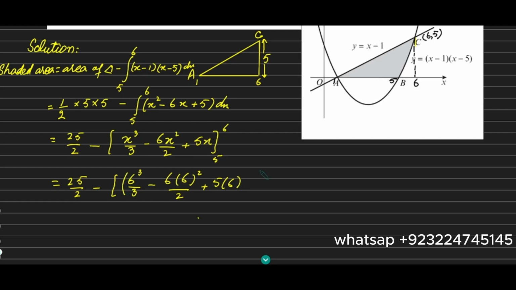We have applied the upper limit, minus, now we will apply the lower limit 5 in the function. We get 5 cubed by 3 minus 5 into 5 squared by 2 plus 5 into 5.